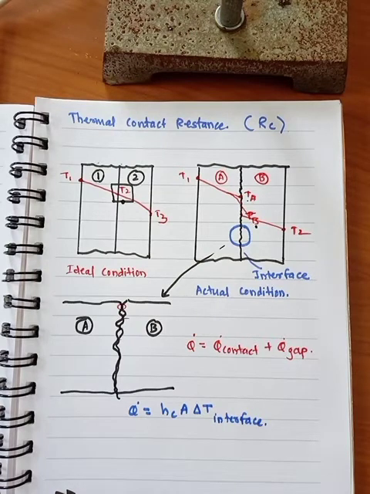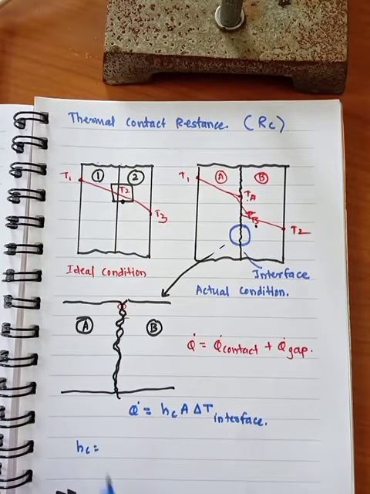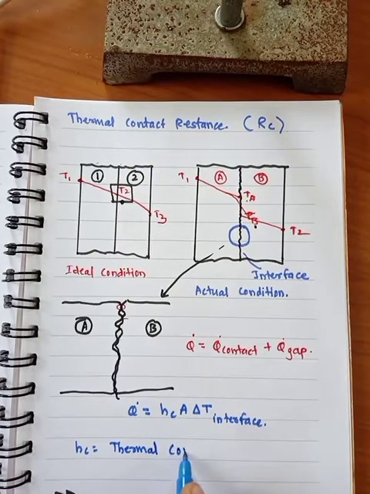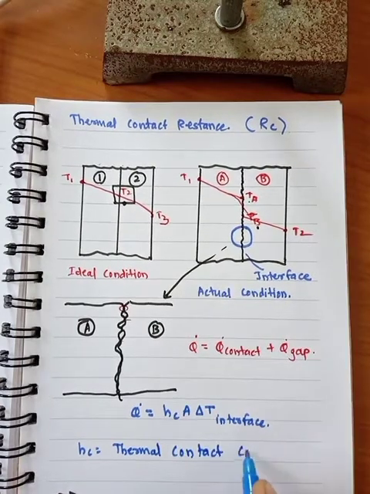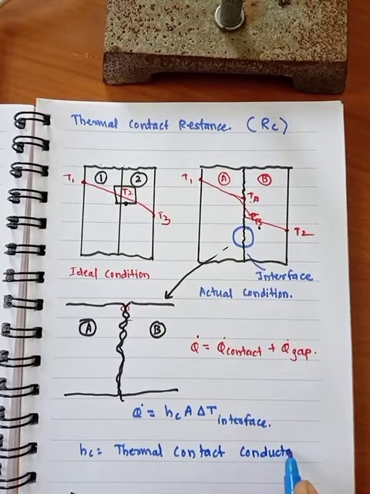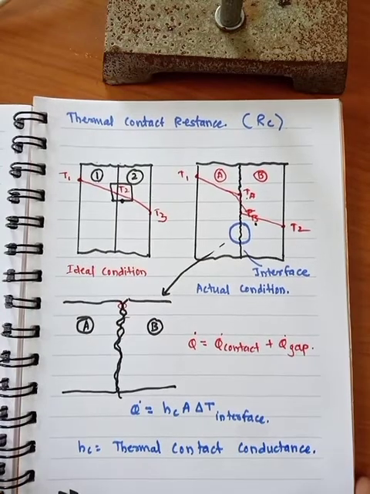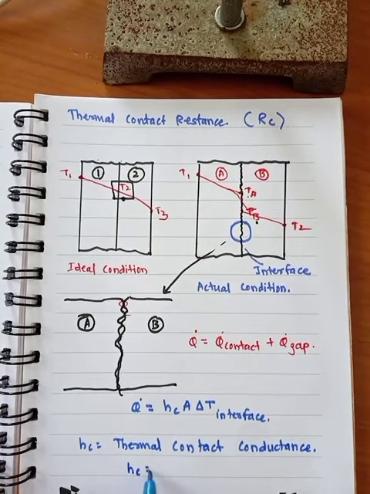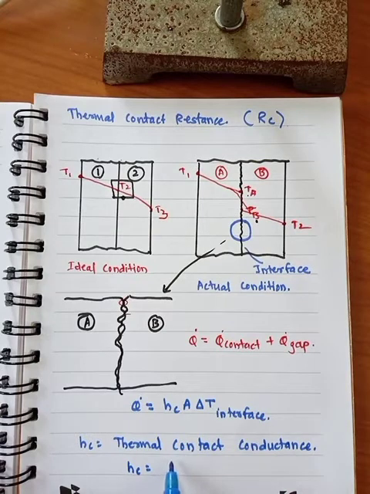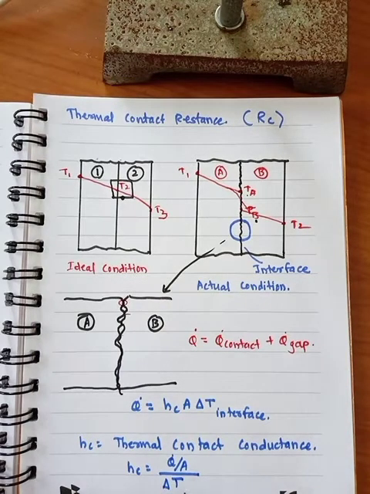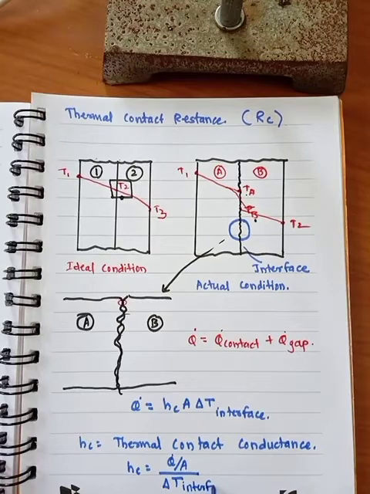Hc is called the thermal contact conductance. And the value of Hc is found by using Q divided by A, divided by the temperature difference at the interface.